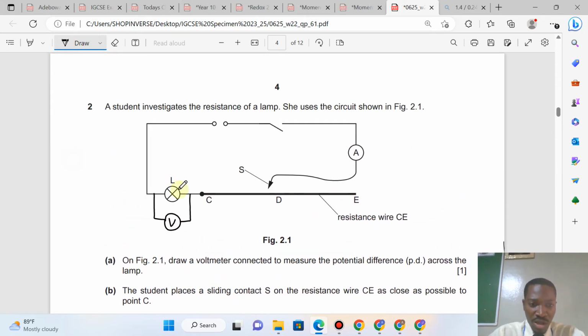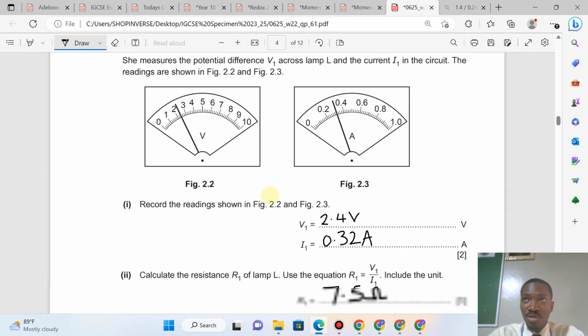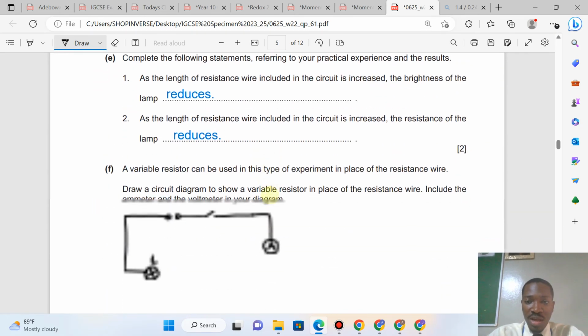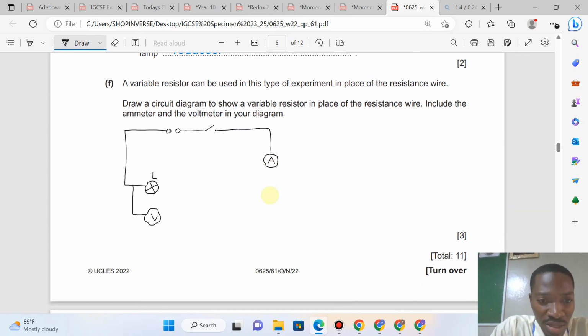So you can see after the voltmeter in parallel with the lamp, then we have the resistance wire here. After the resistance wire, the next thing that comes in is the sliding wire making contact with the resistance wire. So you have to put that here, and right here we put the resistance.